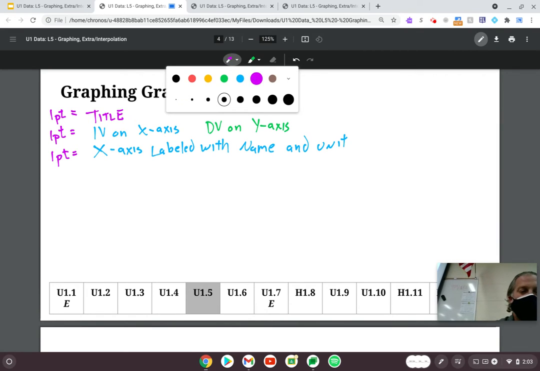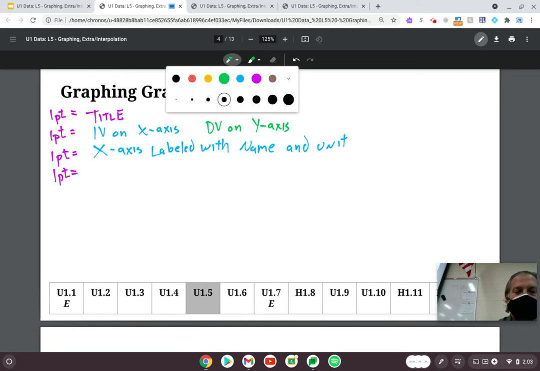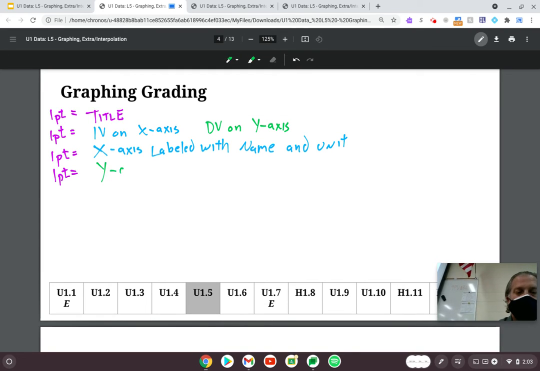And for another point, you will have the y-axis labeled with name and unit.